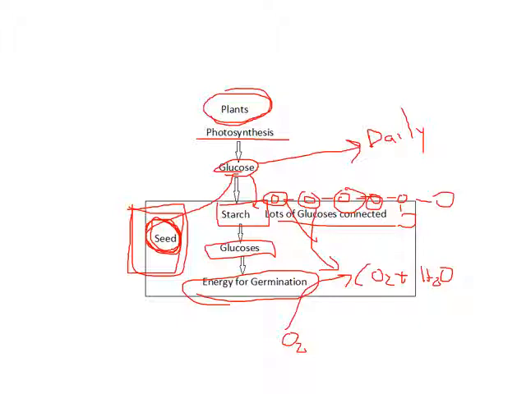And when we eat the starch, it breaks it down to the glucoses, and the glucoses give us energy. So that's how that works. Plants don't make food for us; they make it mostly for their seeds to grow.